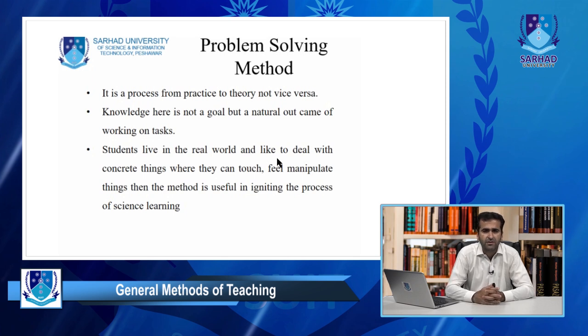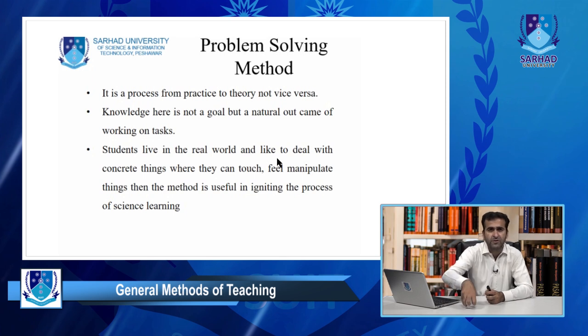Knowledge here is not a goal, but a natural outcome of working on a task. You are working upon a particular problem, a particular issue, so getting knowledge is not the goal.